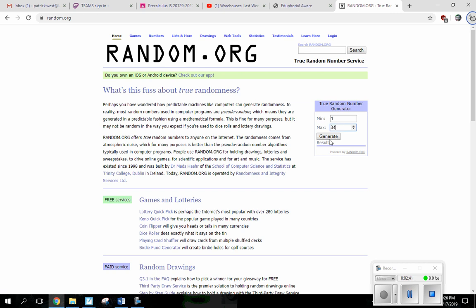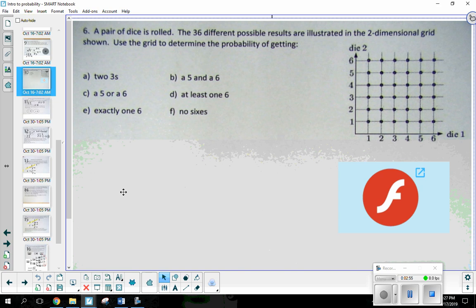Unless I have a volunteer. So many hands, I don't know how I'm going to decide. Okay, generate. 1. All right, Jacob has volunteered to help me with 6A and B.